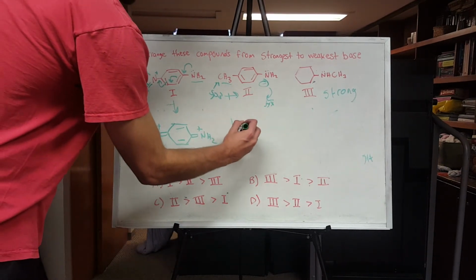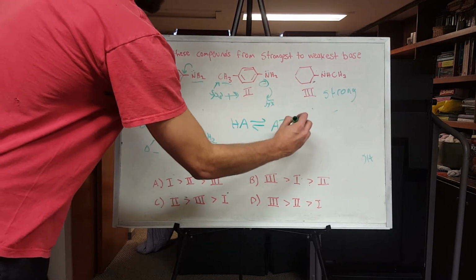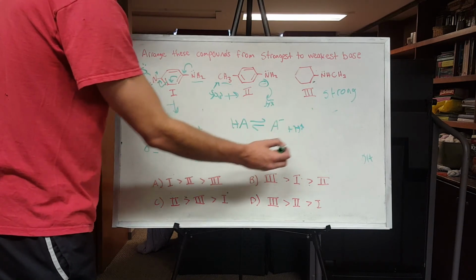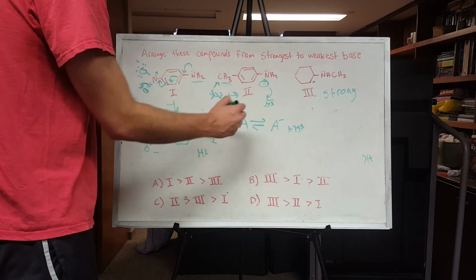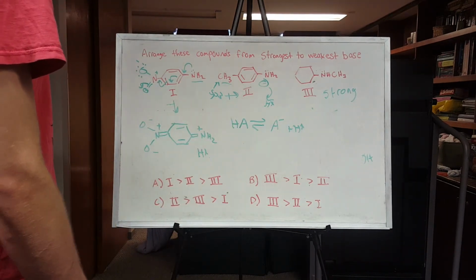So for equilibrium, A minus plus H plus, this guy is more likely to pick up this H plus and go back over here, increasing the amount of base in solution. So it's a stronger base, stronger acid.